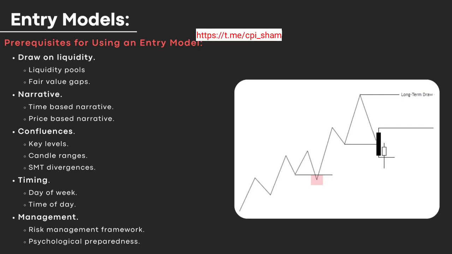And within psychological preparedness, you're going to ask yourself, are you in the right mindset to take trades or not? If you're emotional, distracted, or rushing, then you're going to take a step back and stay risk off. The key point is that management isn't just about protecting your capital, it's also about protecting your mental state. And that's why it's such an important component of your entry model.